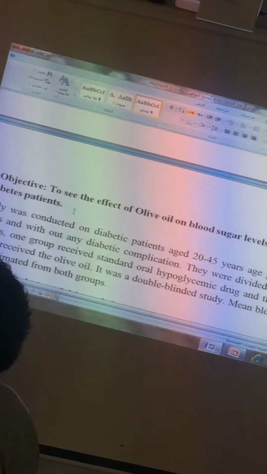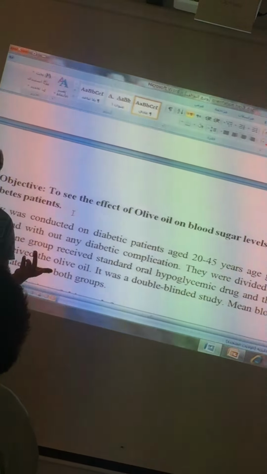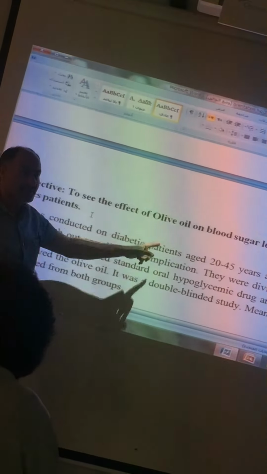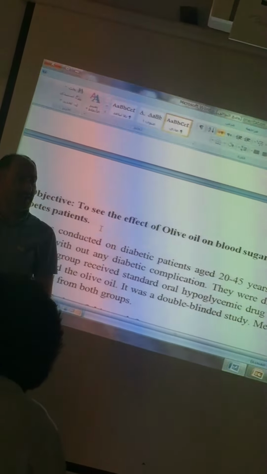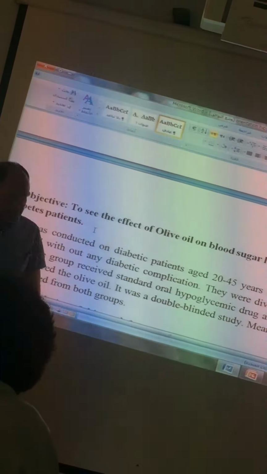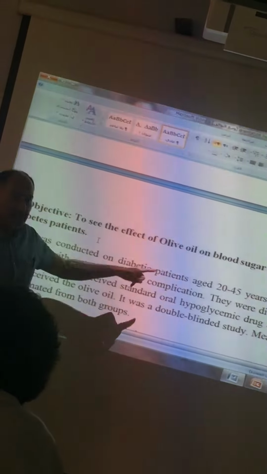No, experimental is this. We do the experiment on olive oil. The previous is called control. The new group which received this one is experimental.